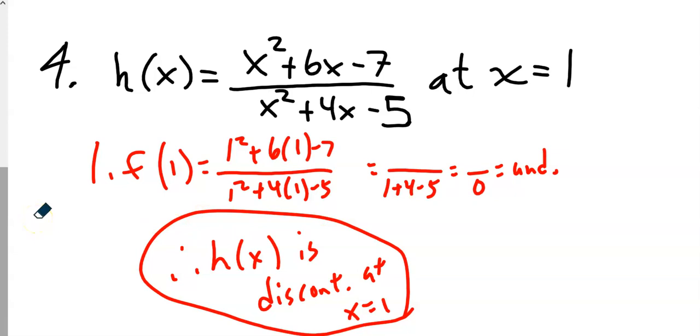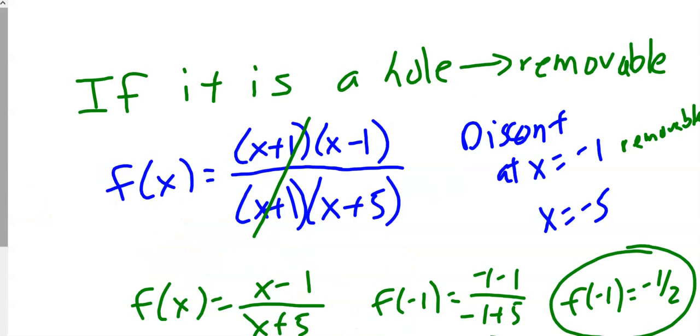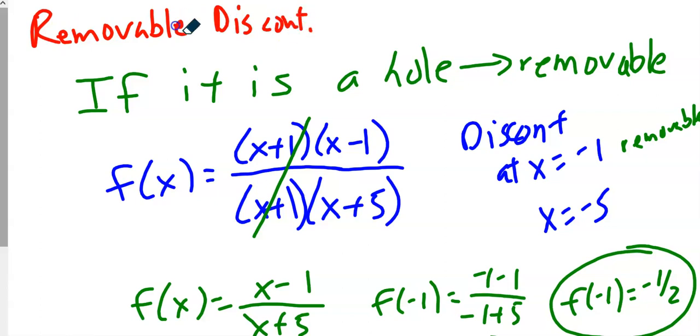I want to talk a little bit about something that is not in your notes. I have an example here about what is meant by a removable discontinuity. I made up an example here.